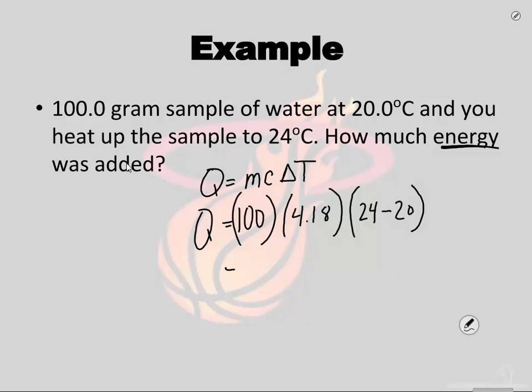So I'm going to take 100 times 4.18. And my difference here is 4, so times 4. And I get an amount of heat as 1,672. And heat is measured in joules, so capital J. So that would be the amount of heat added to heat up my sample of water.